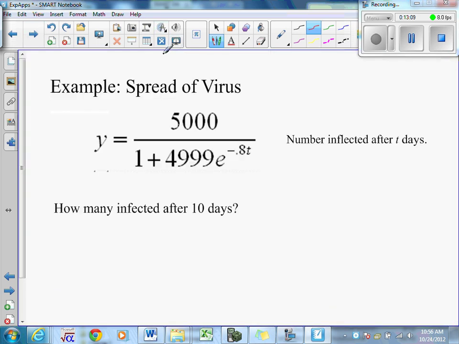So let's look at an example. Another example besides selling goods in a store, spread of a virus. This is how a virus spreads. The number infected. How many are infected after 10 days? Well, to find how many are infected after 10 days, all we need to do is plug 10 in. E to the negative 0.8 times 10.